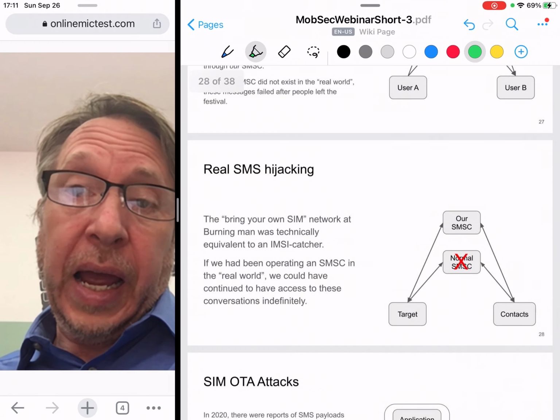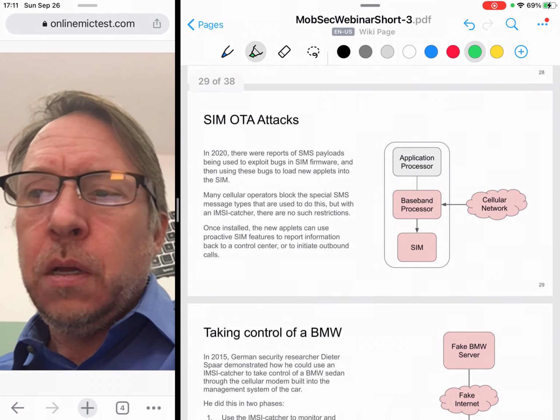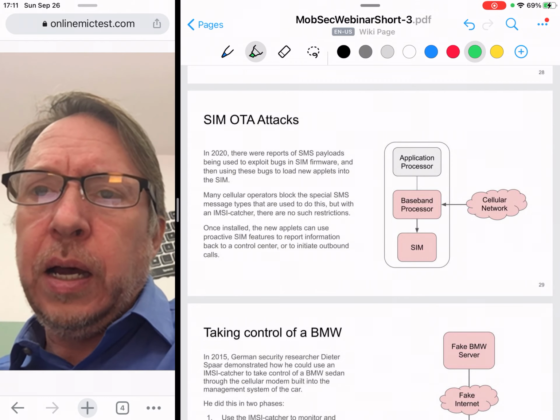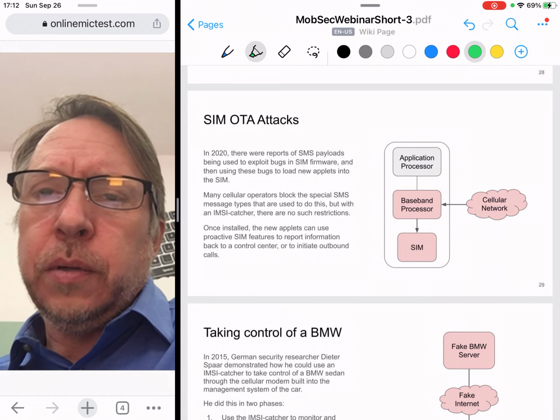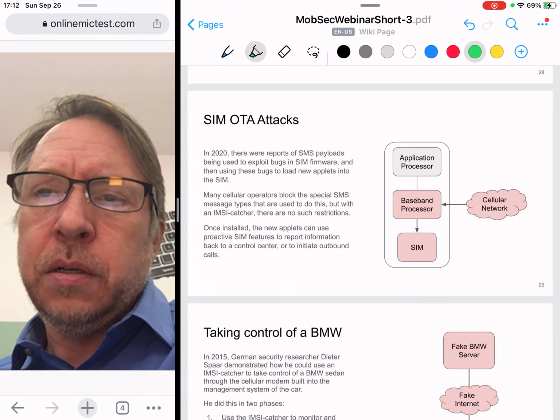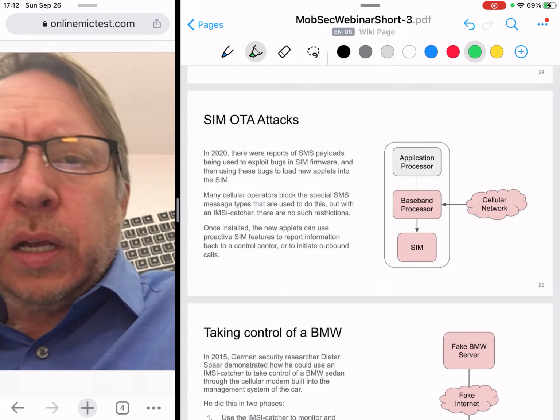Next up, slide 29, another type of attack: SIM OTA attacks through SMS. Like we said in the first section, the SIM is a full computer system.